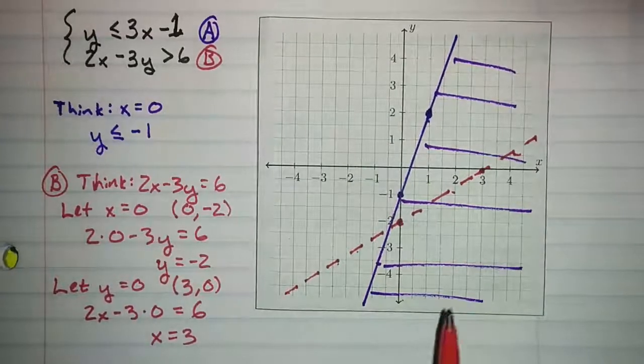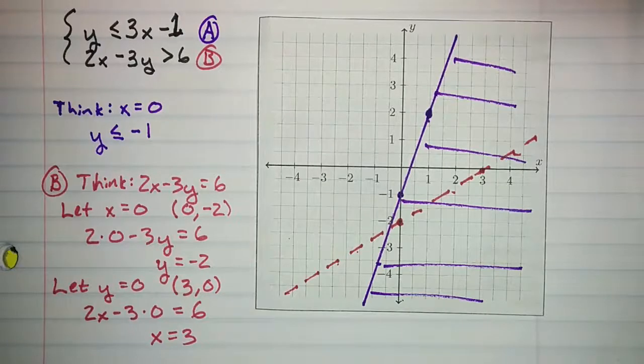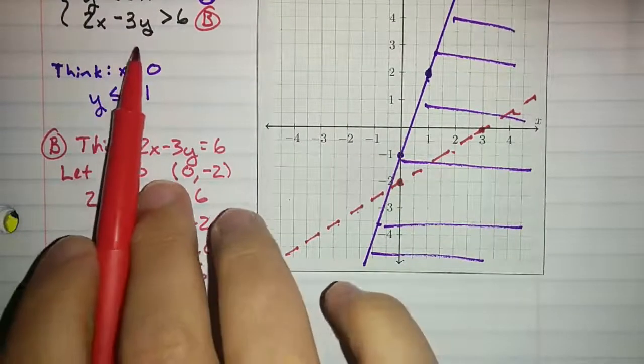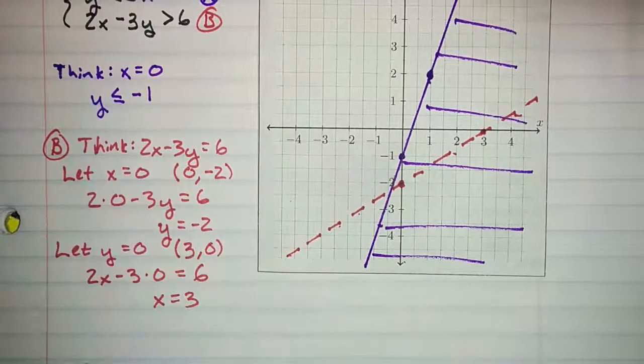Alright, now we just need to decide whether to shade above or below the line. Again, I'm going to think of y equals 0 here, because then I don't need to think about this negative number.